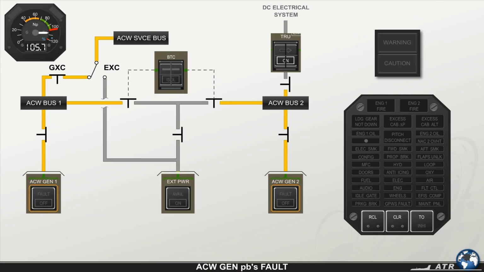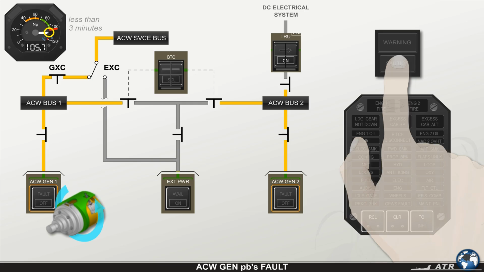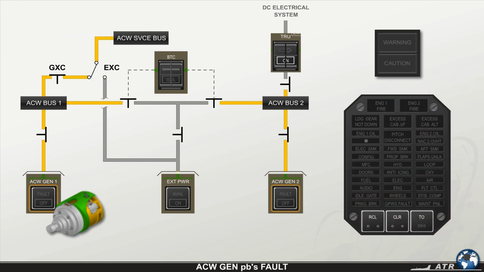If the failure was caused by an NP overspeed for less than 3 minutes, or a generator underspeed, reset of the protection system is carried out automatically. In all other cases, it is necessary to manually perform the reset by cycling the respective AC wild generator push button off and then on again.